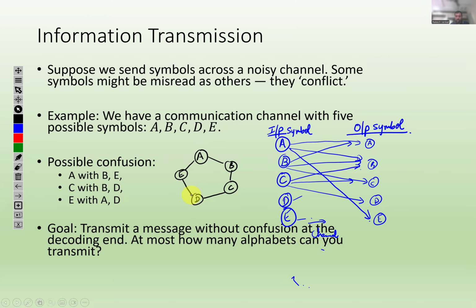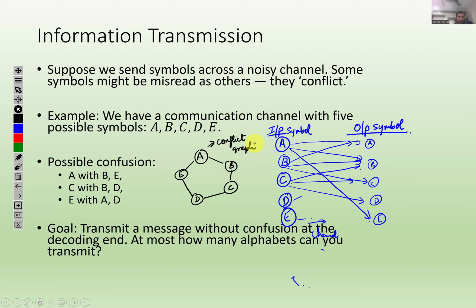So this is the conflict graph for the symbols, very similar to what we have built before: different letters that may be mapped to the same letter. Now, how many of these can I hope to send across at max so that there's no confusion?